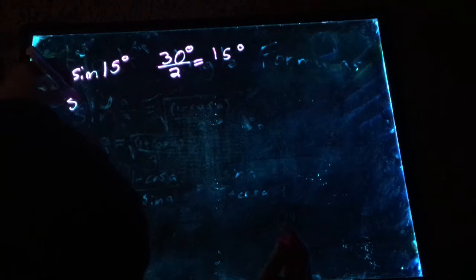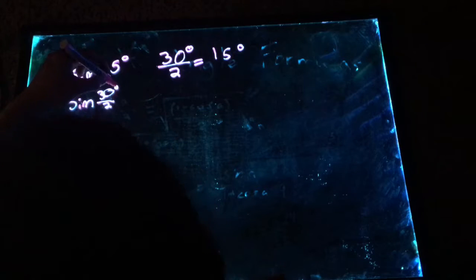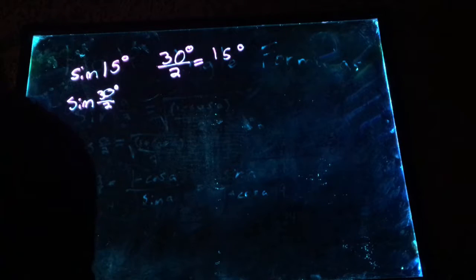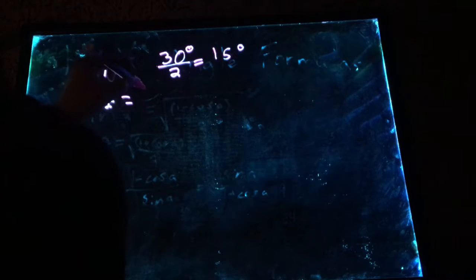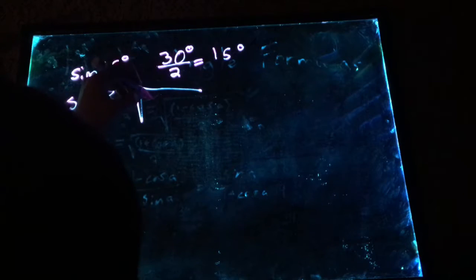So we have sine of 30 over 2, which is going to be equal to the square root of 1 minus cosine of A, which is 30, over 2. And then I'll just substitute the value real quick.